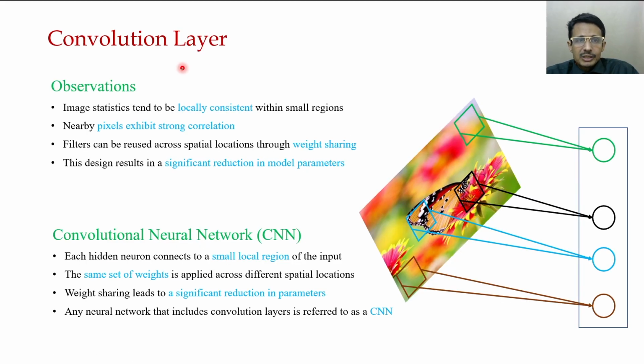So what we observed here is that image statistics tend to be locally consistent within small regions. Now this is a very important observation. What we have said before is that some local area like this is given to a single neuron. Why? Not every full image is going to a single neuron; rather, a small patch is given to it.